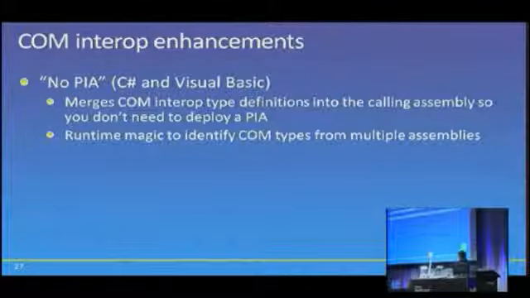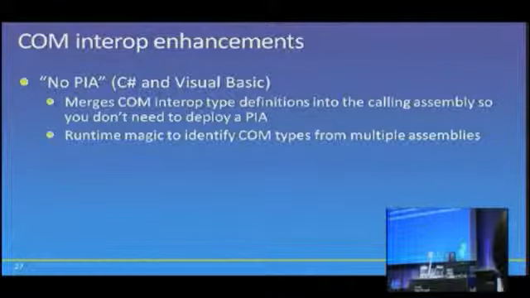So we've talked about a couple of little tactical features of C# 4. The main theme, I think, of C# 4 is hugely improved COM interop. Traditionally, doing COM work in C# has been a little bit unpleasant. So the first one I want to mention is an enhancement called NoPIA. PIA is primary interop assembly, essentially the interop DLLs between the .NET and COM worlds.